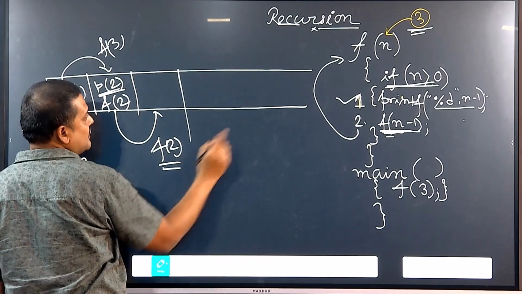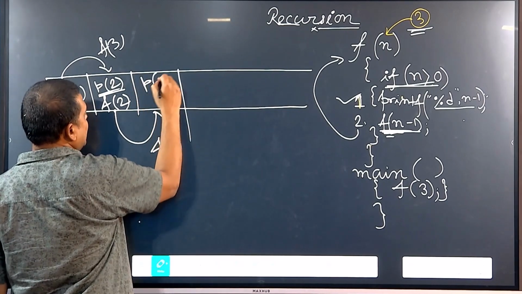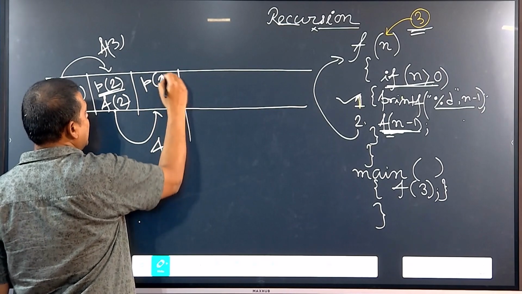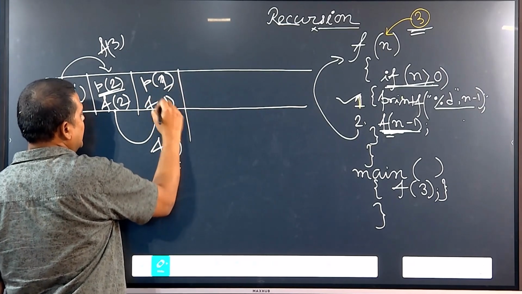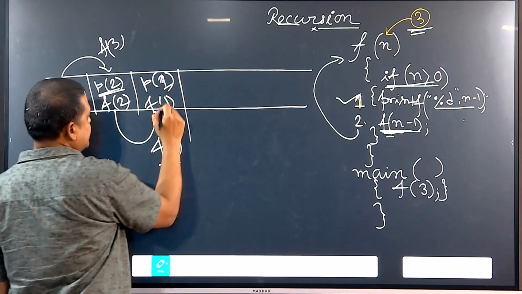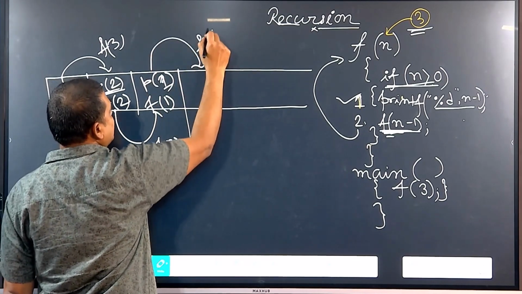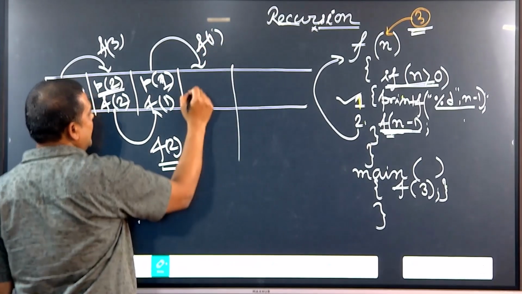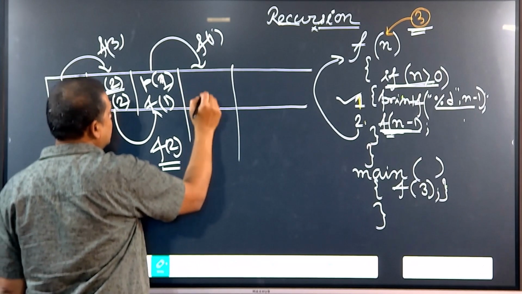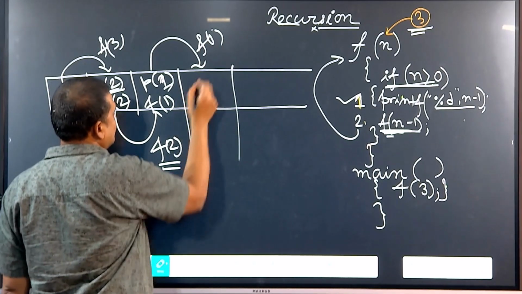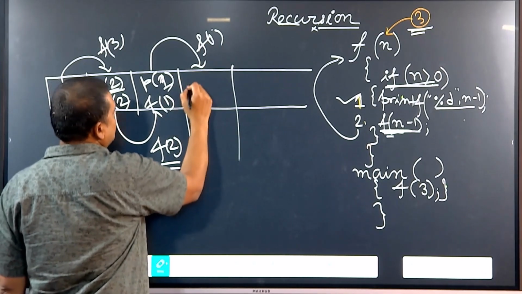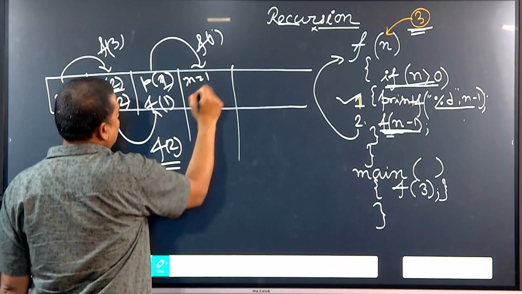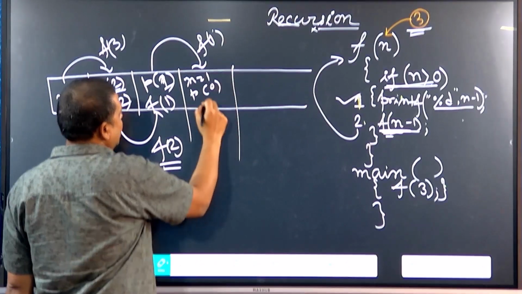When f of 2 is called, there are 2 tasks: printing of n minus 1, that is 1, and function call of 1. So printing of 1, function call of 1. Here the value of n is 1, so printing of 0 and function call of 0.